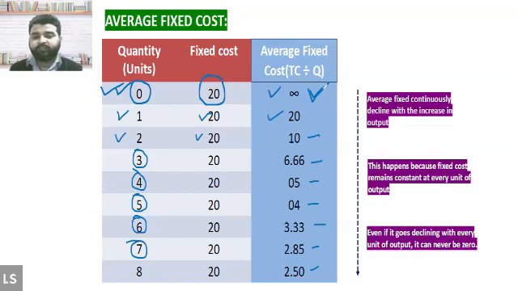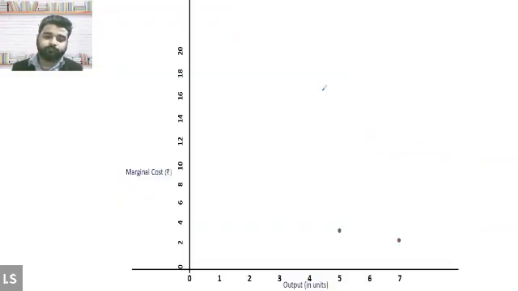Therefore, whenever we make the diagram, average fixed cost will never touch the y-axis or the x-axis. Getting my point? It will keep on declining continuously, touching neither x nor y-axis. Is that clear to you? Yes, sir. Okay. So here we will be presenting the average fixed cost curve. This is not marginal cost, this is average fixed cost.